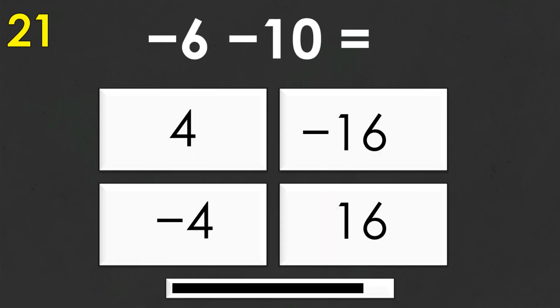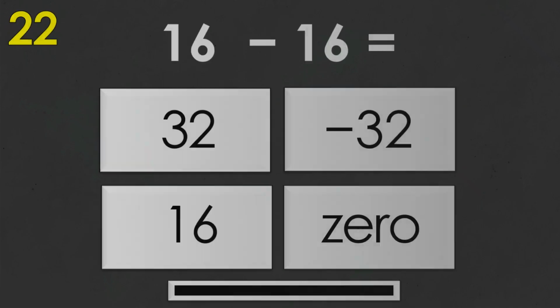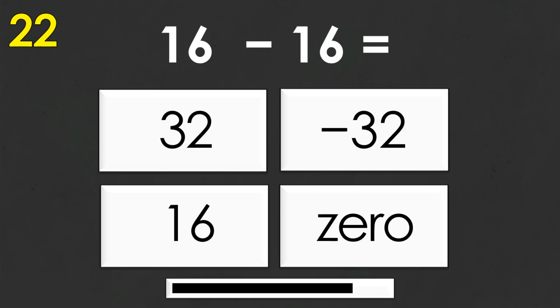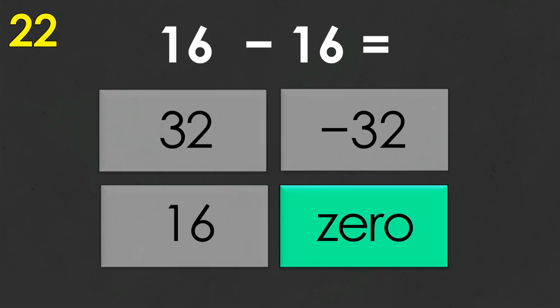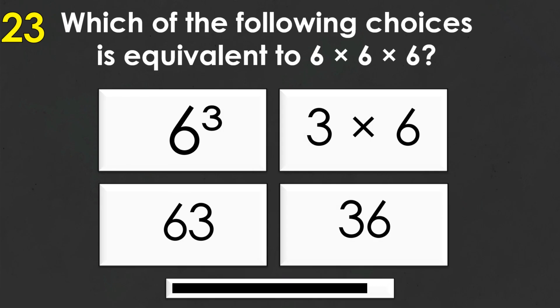Minus 6 minus 10. Minus 16. 16 minus 16. Zero. Which of the following choices is equivalent to 6 into 6 into 6?